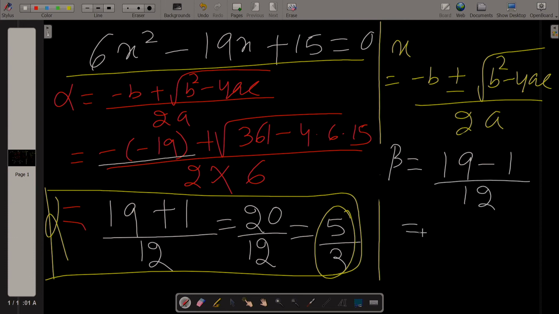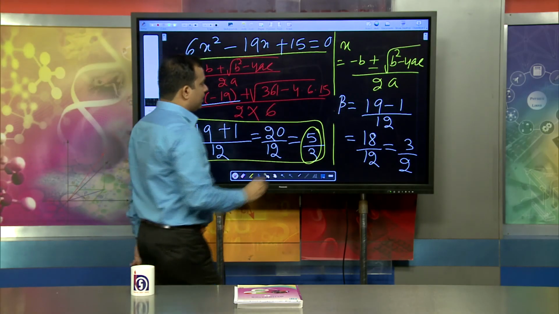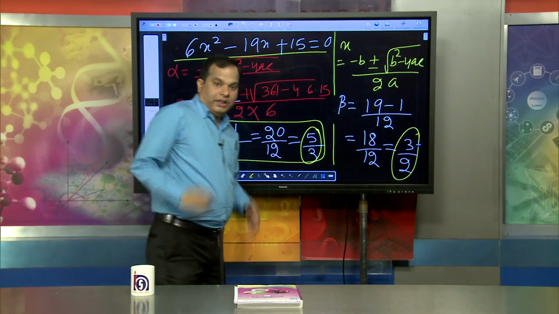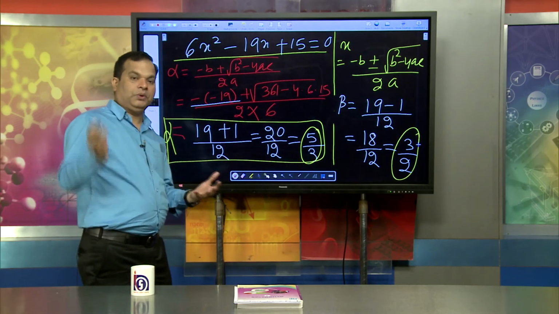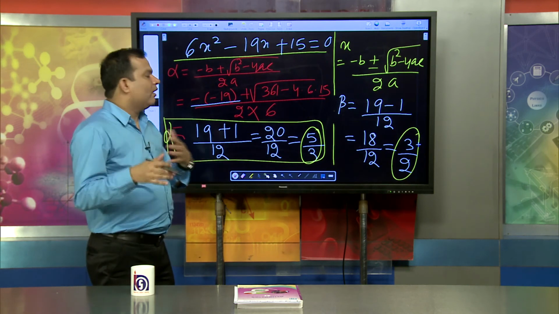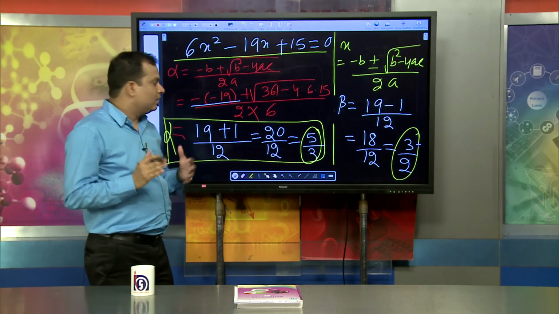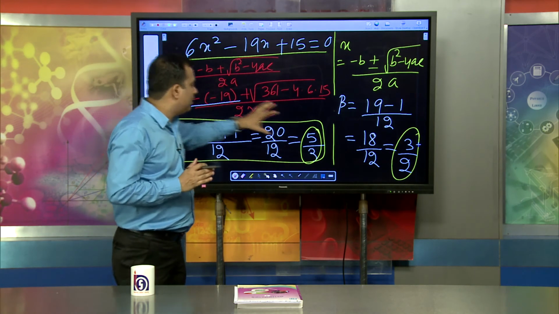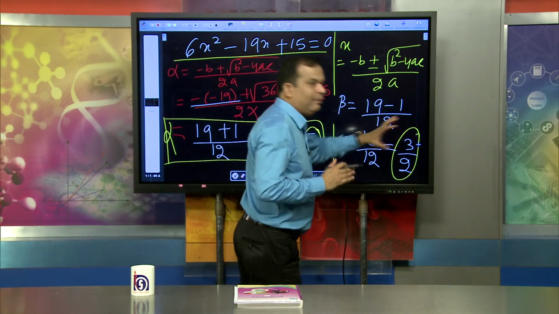You will find 18 divided by 12, that means 6 into 3, so 3 by 2. So the value of alpha equals 5 by 3 and the value of beta equals 3 by 2. Dear learners, through the quadratic formula we are also able to find the roots of the quadratic equation: alpha equals 5 by 3 and beta equals 3 by 2.